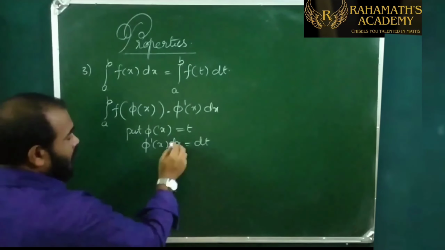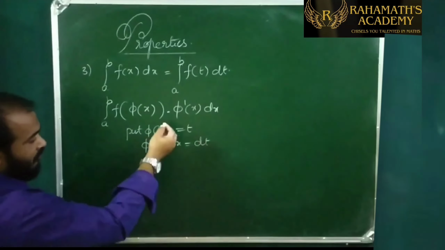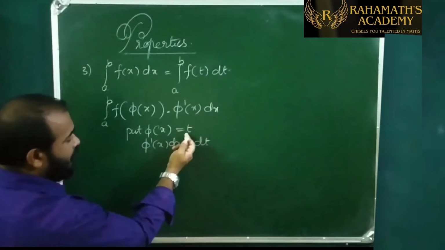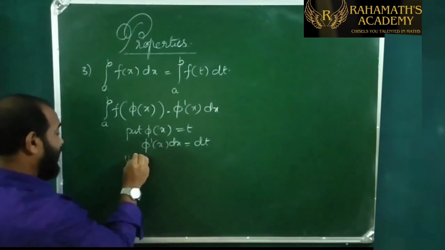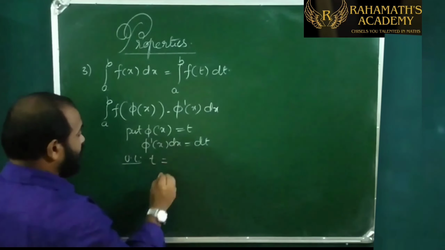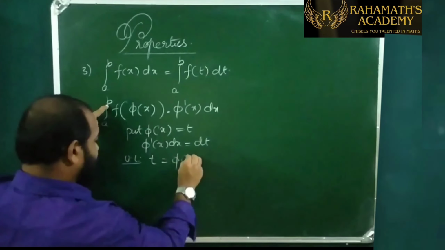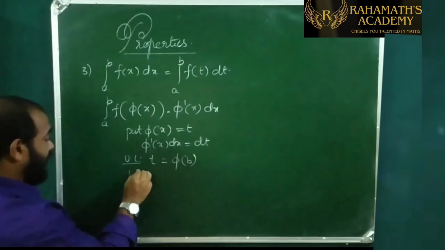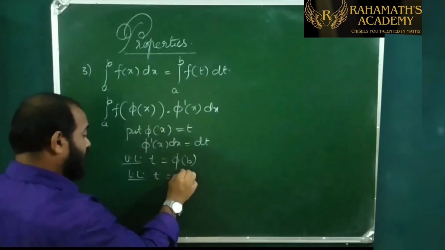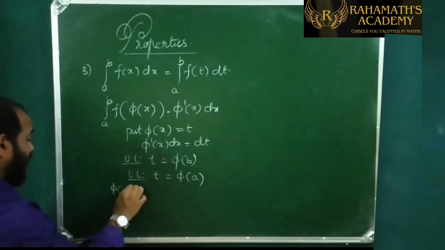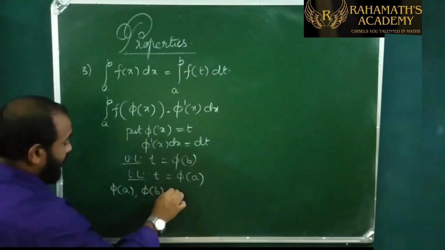Now change the values of the limits for the new variable t. The upper limit is t equals phi(b), and the lower limit is t equals phi(a).